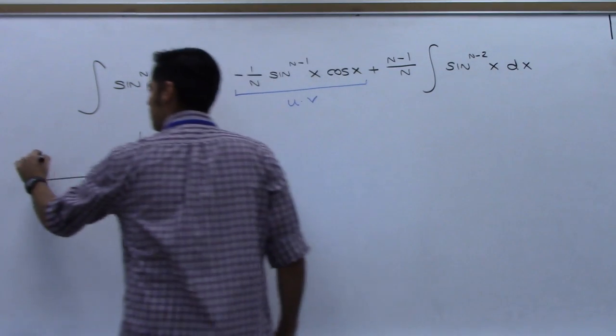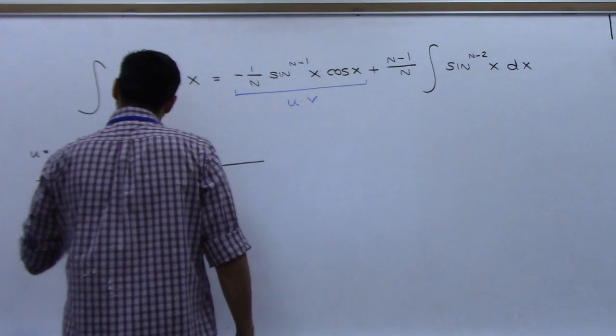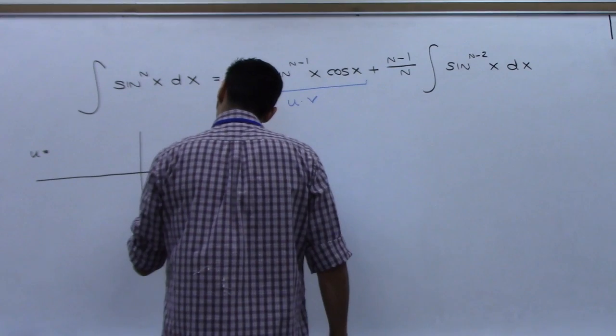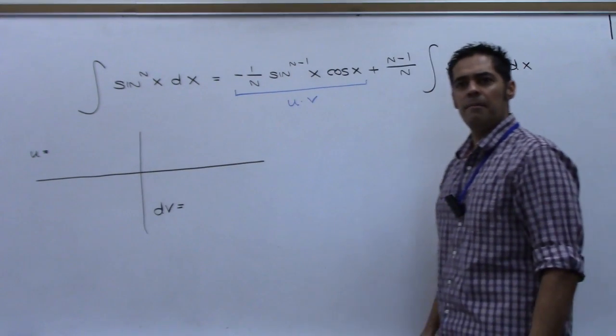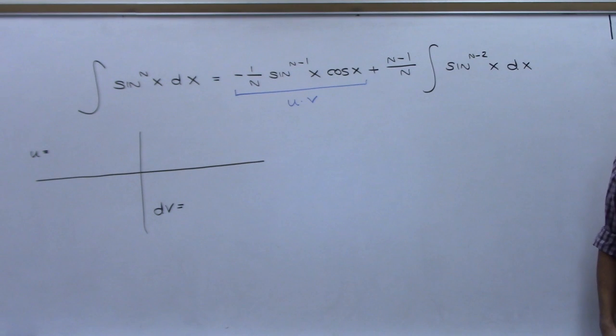What do you think? This is u, and this is dv. So you're choosing out of this one a u and a dv. Any ideas?